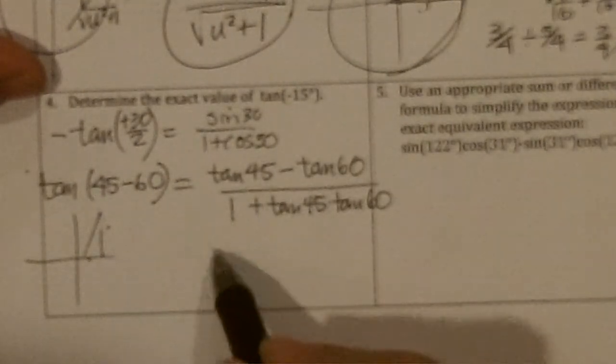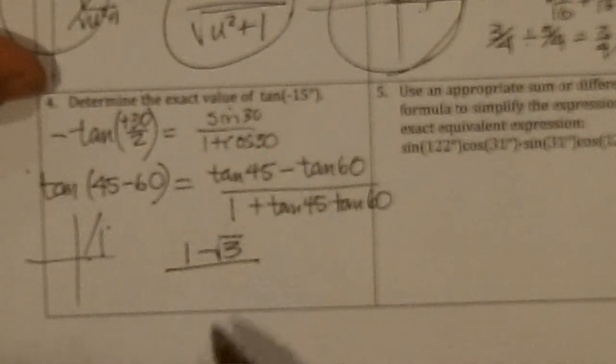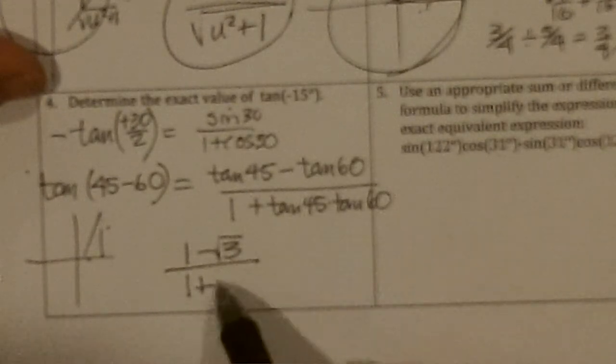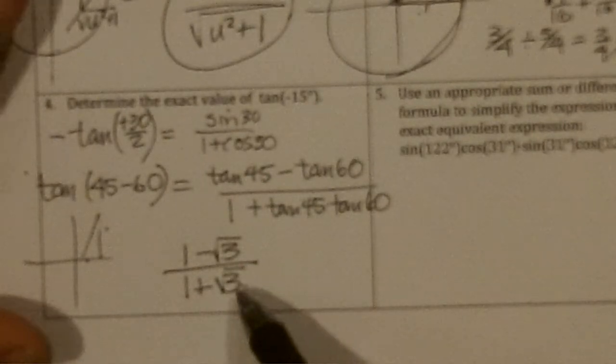Tangent of 45 is 1, so we got 1 minus the square root of 3 over 1 plus 1 times the square root of 3. And if I were to multiply by the conjugate, well, I'll leave it like this.